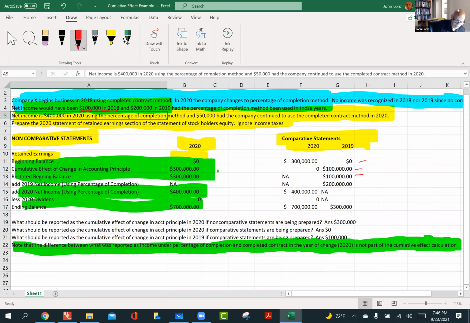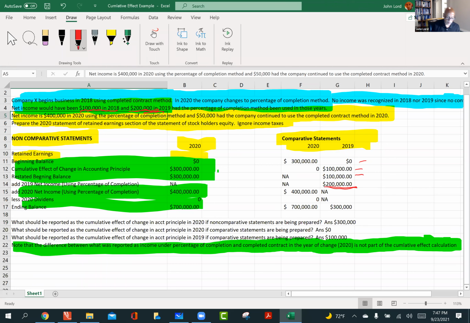I now have the restated, and then I restate my 2019 statements, and it's going to show net income is 200,000 because I said that's what it would have been if I had used percentage of completion in 2019. So there's my net income of 200,000. Thank you, God. There it is right there.